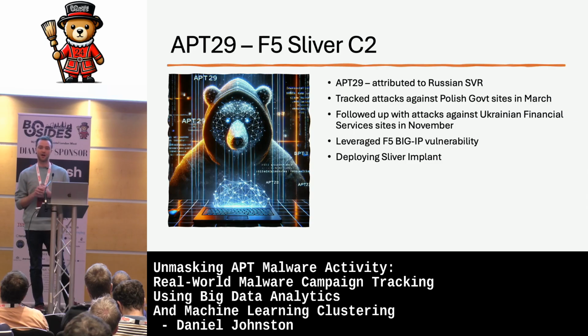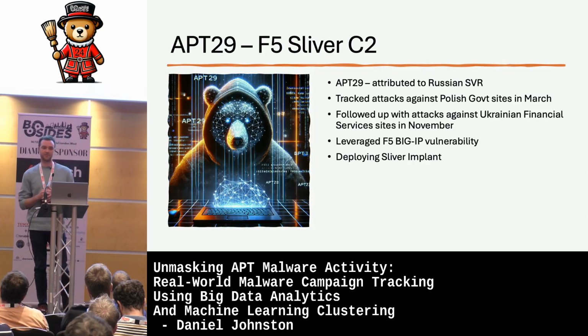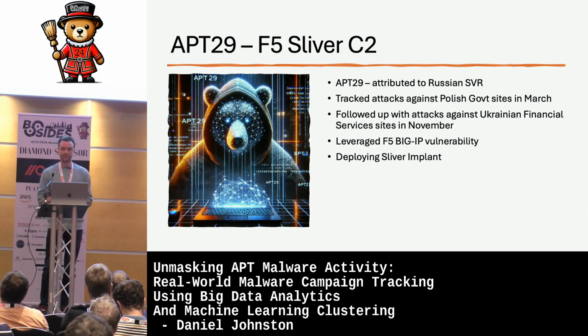It allows for a lot of different post-exploitation activities on an infected host, including information gathering and command execution. As you can imagine, in the hands of APT29, it would be a very useful tool given the right target. We also saw some follow-up activity last month in November, where the same activity was happening on the sites of Ukrainian financial institutions.